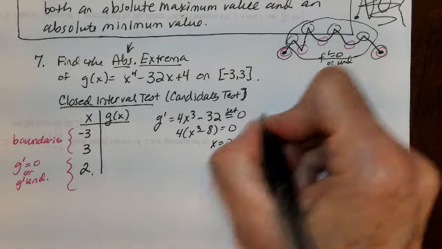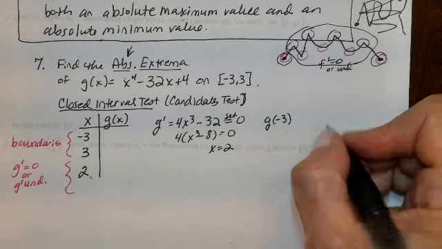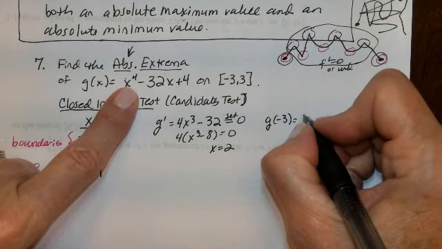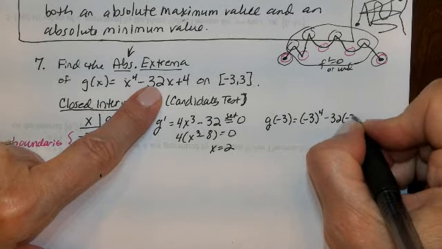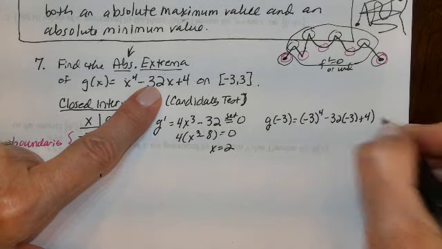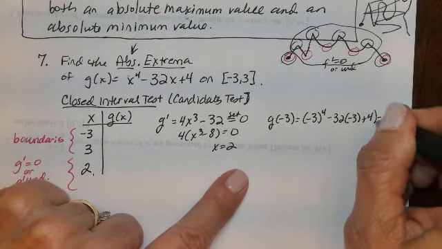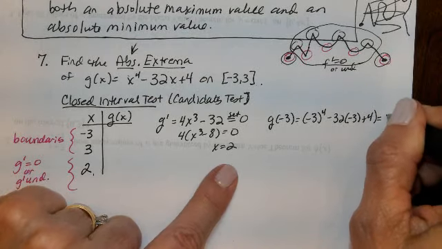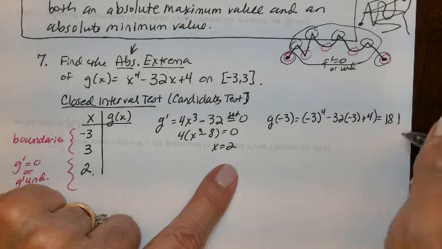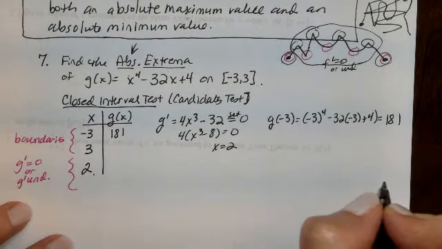So come over here, g of -3 is going to equal -3 to the 4th minus 32 times -3 plus 4. Okay, this turns out to be 181. So that goes over here, 181.